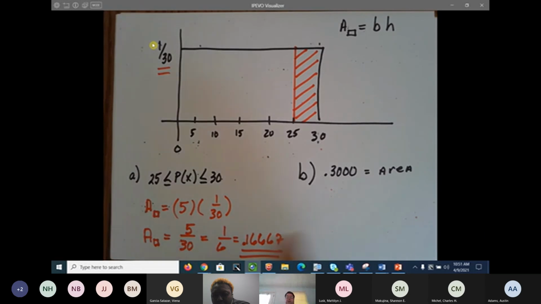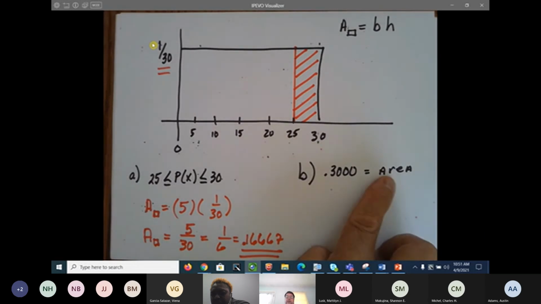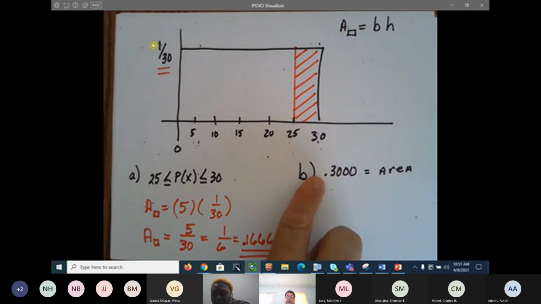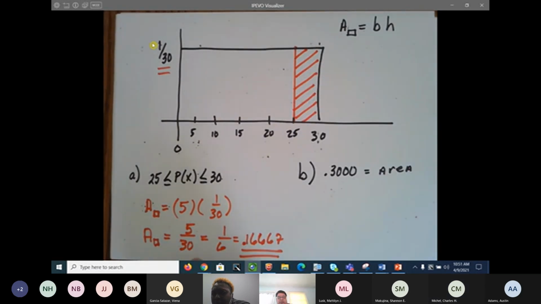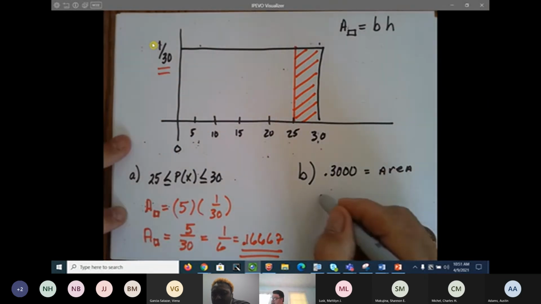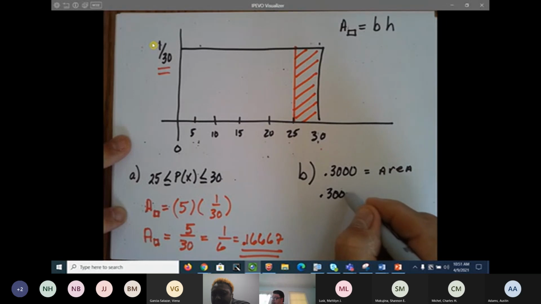Now, how do we do this part? Well, what are we given? We're given the what? The area. So I got to plug that in for A. So I'm going to plug in 0.3000 is equal to base times what? 1/30.